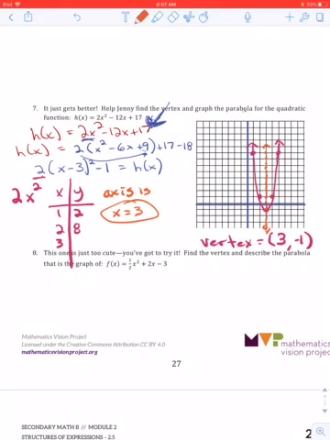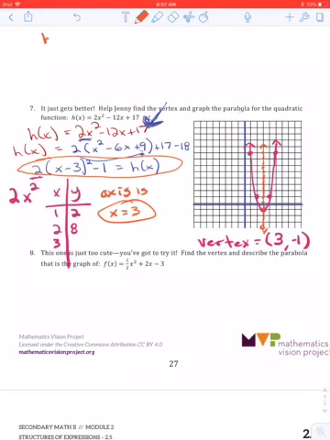Okay, I want to do one other fun thing with this one. So let's take the answer that we got right here. By the way, this is called vertex form, if you didn't know that already. So in vertex form, we know that h of x is 2 times (x minus 3) squared minus 1. And that's what we just graphed.